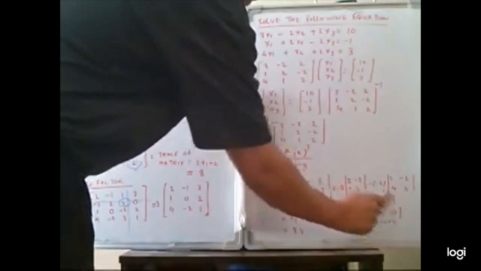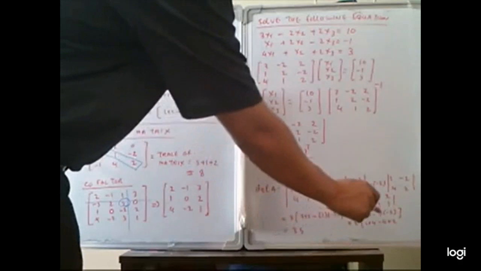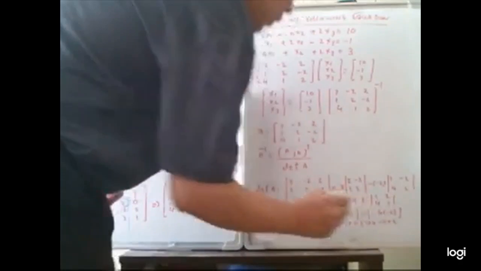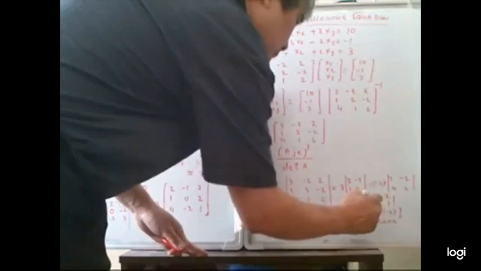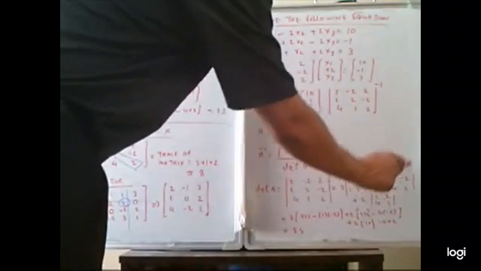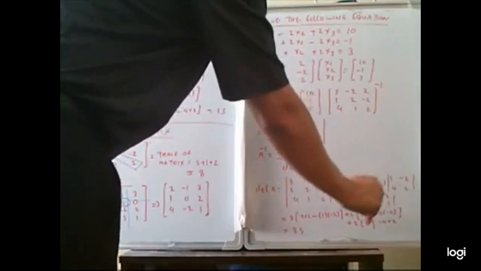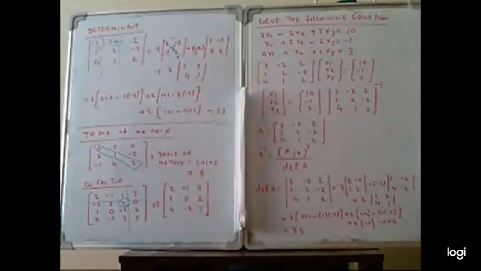Here, that direction multiplication positive, so this is 1 into 1, and that direction negative, 4 into 2. So this one is negative. Finally we got 35.